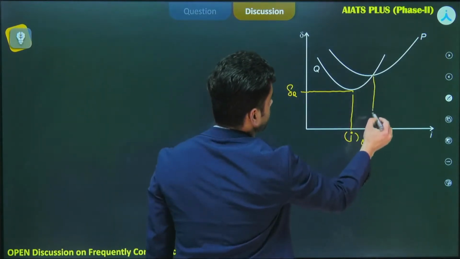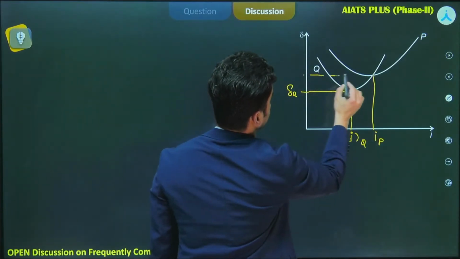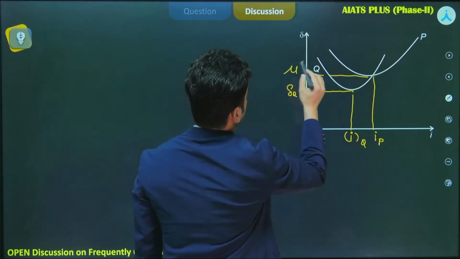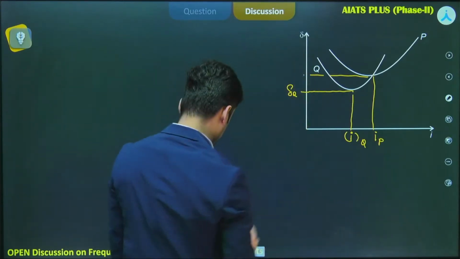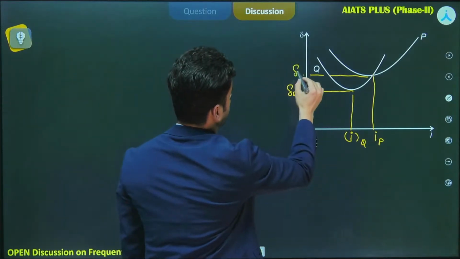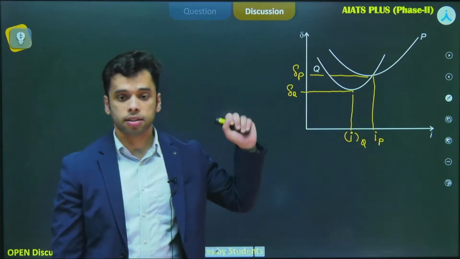And I can write this as IP, and this one becomes del P. So I hope you are clear till this step.